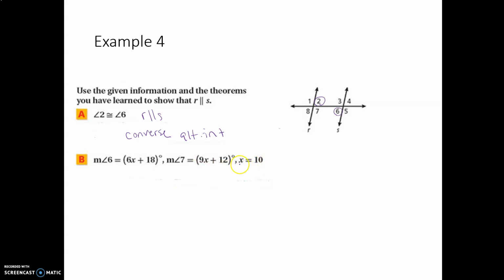Now here you got to do a little bit of plugging. Wherever X is, we want 10. So 6 times 10 gets me 60 plus 18 gets me 78 degrees. And then 9 times 10 is 90 plus 12 gets me 102.